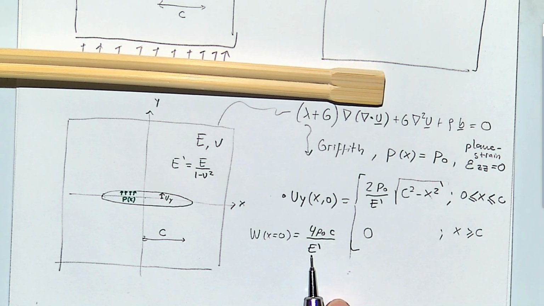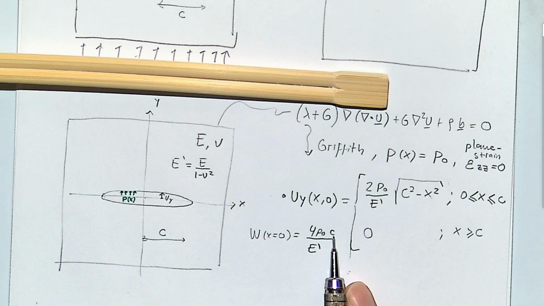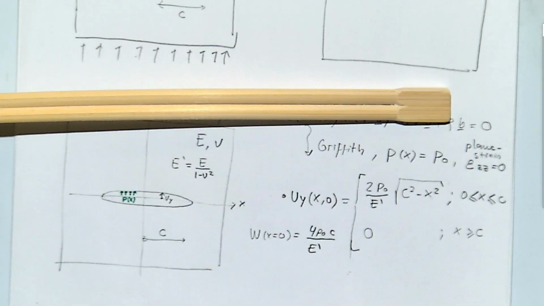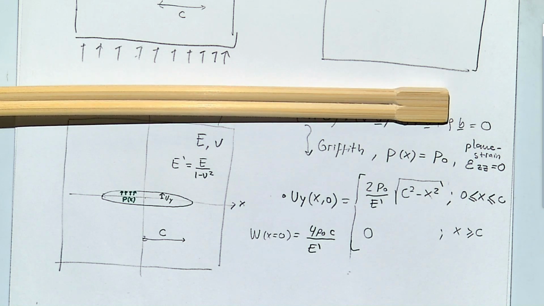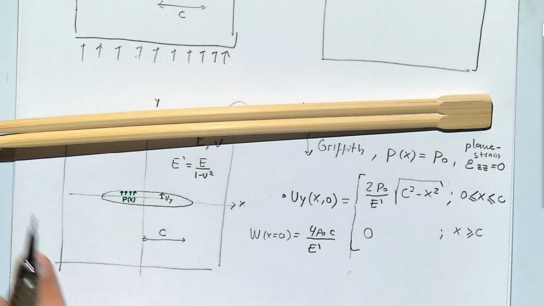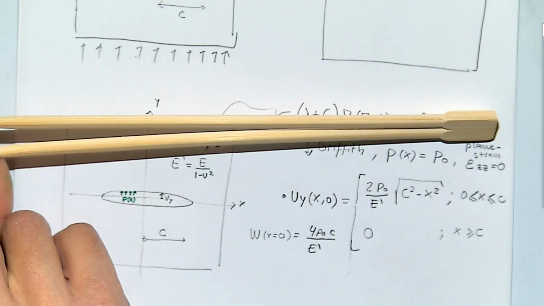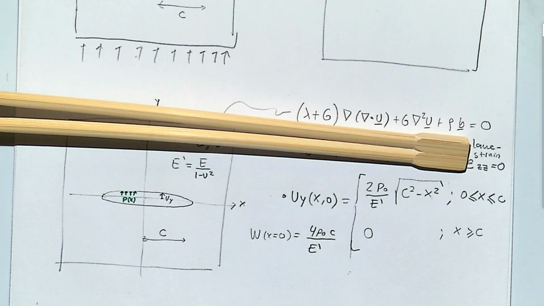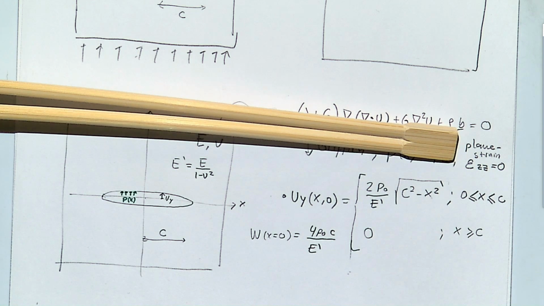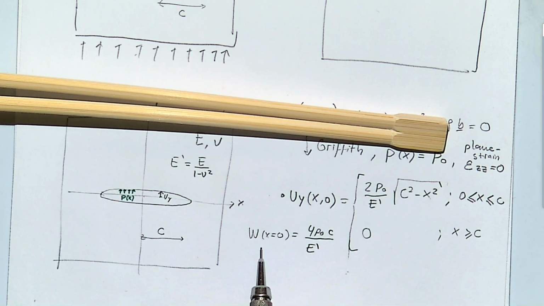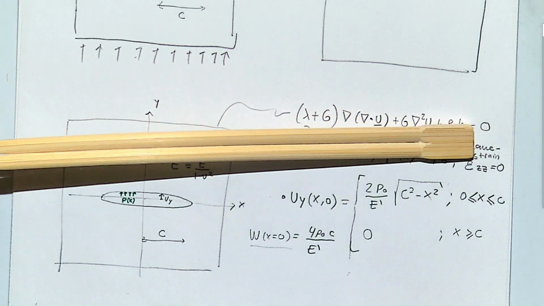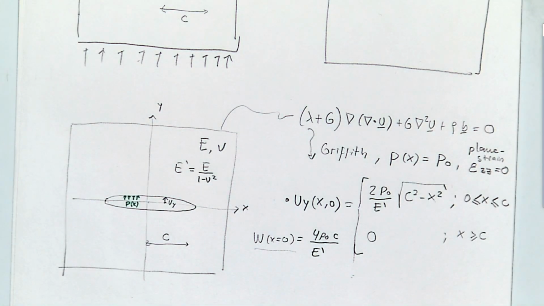Stiffer the rock, the smaller the width is going to be, but also depends on the length of the fracture, which means that the longer the fracture is, for the same pressure, the width is going to be proportional to the length. If you have a very long fracture and a small pressure, still the width could be large because the fracture is quite long. And we're going to see that this is quite important for the next thing that we're going to see.